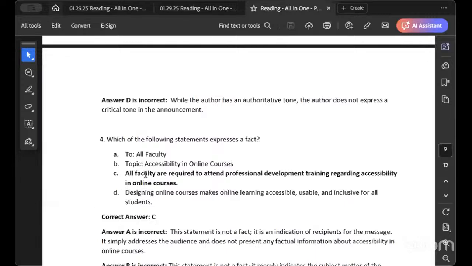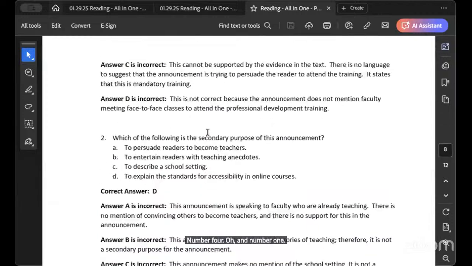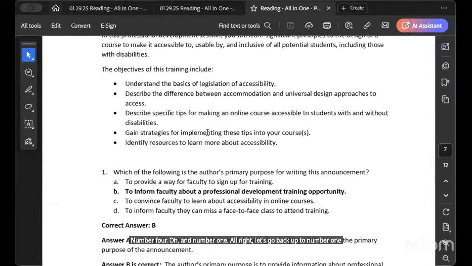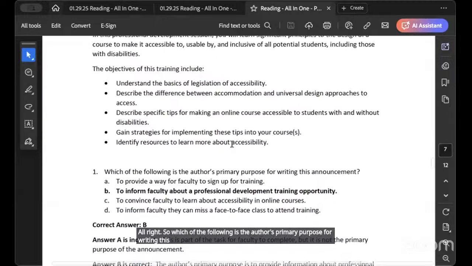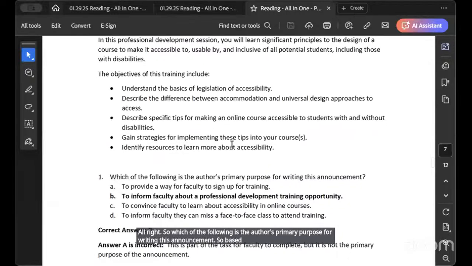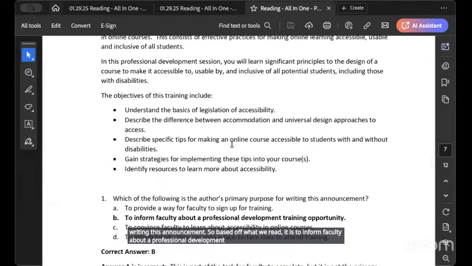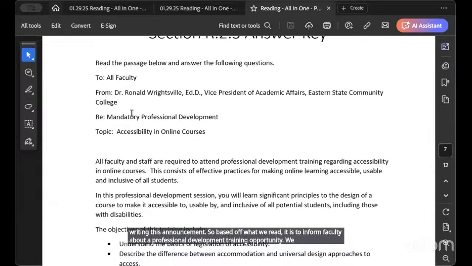Number 4, oh, and number 1. All right, let's go back up to number 1 first then. Which of the following is the author's primary purpose for writing this announcement? Based off what we read, it is to inform faculty about a professional development training opportunity. We see up here, it's about mandatory professional development.